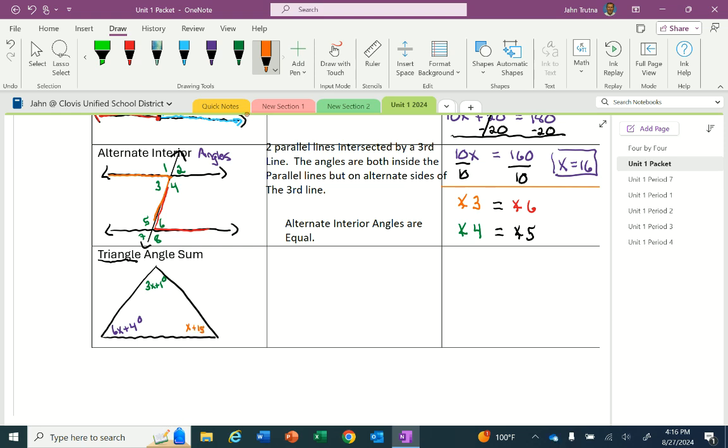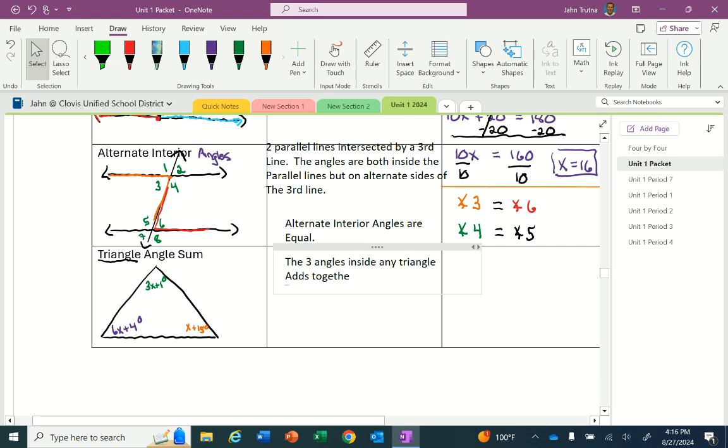This is probably a relationship about the angles of a triangle that you already know. But what is the relationship? What is the triangle angle sum relationship? The 3 angles inside any triangle, so this works for all triangles, add together to equal 180 degrees.